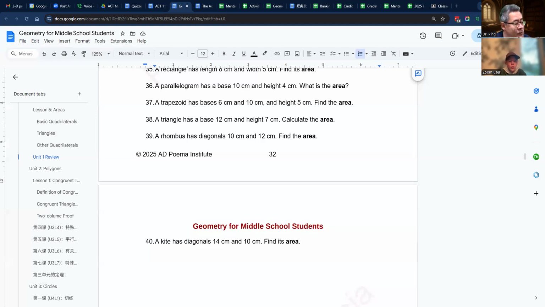Let's do 40, okay? So 39, a rhombus has diagonals 10 centimeters times 12.